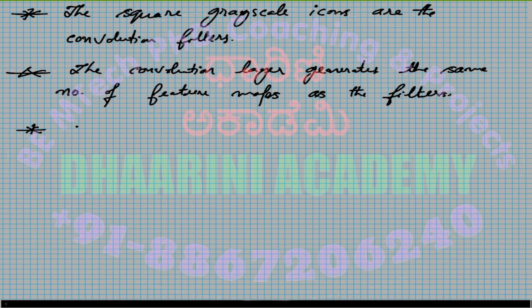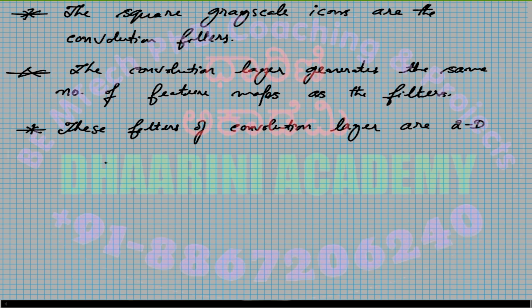These filters of the convolution layer are 2D, two-dimensional arrays.